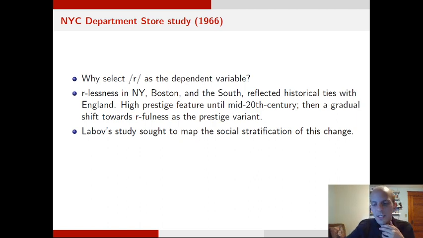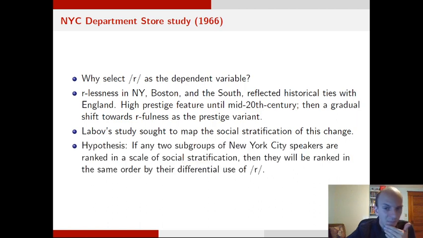Labov's study wanted to see how this linguistic variant, R-lessness and R-fullness, correlated to social stratification, particularly socioeconomic class.